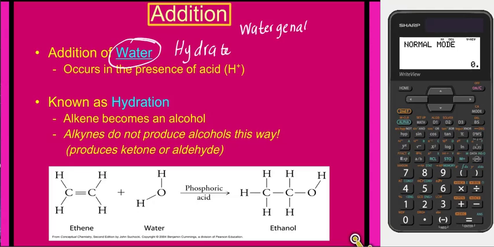If we didn't change it, it's supposed to be water. That means it's an addition of water. But since they chose hydration, hydrate, they just call it hydration. That is the addition of water. And then they tell you it occurs in the presence of acid, H+.